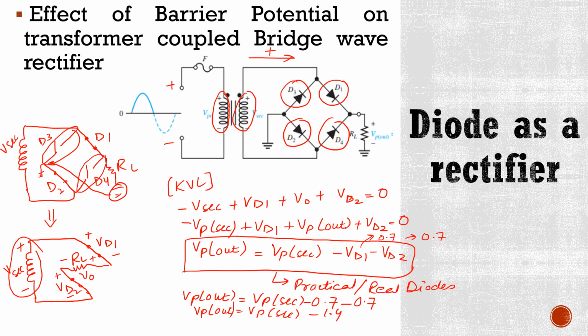In case of ideal diodes, this is 0 and this is 0. So in case of ideal diodes, peak output voltage will be equal to peak secondary voltage. Okay.